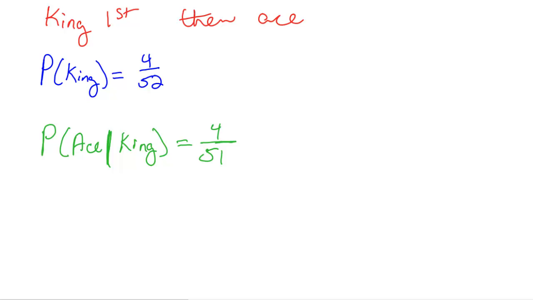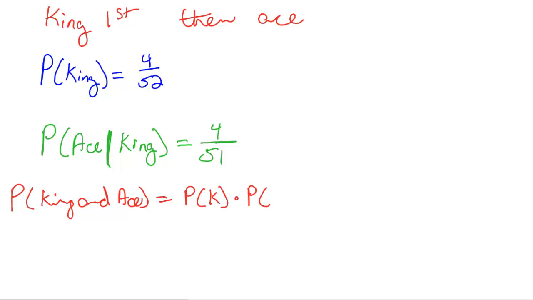So the probability of a king and an ace without replacement is, let me write this out figuratively, the probability of a king times the probability of an ace given we drew a king.